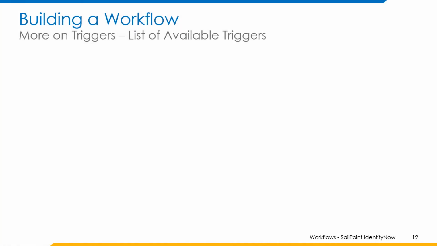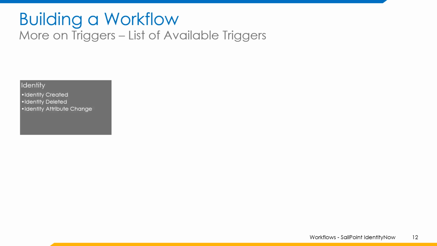Let's talk about each of the available trigger points in SailPoint's IdentityNow workflow. When there is a change at the identity level, such as identity created, deleted, or value changed for an attribute, then we can use identity triggers.